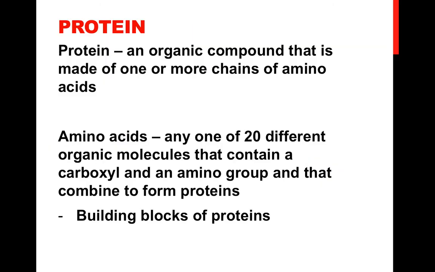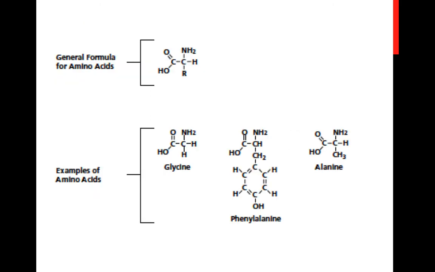Protein is the next macromolecule. It's an organic compound that is made up of one or more chains of amino acids. So amino acids are the building blocks of proteins. Extremely important to know. There are 20 different amino acids, and those amino acids are the building blocks of proteins. So here's generally what an amino acid looks like.